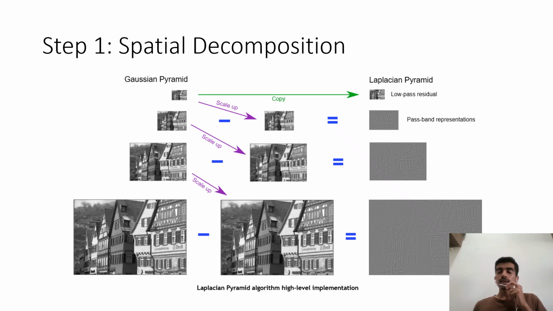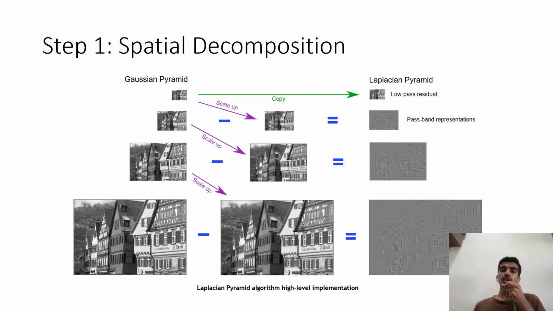Then this level is subtracted from the next level. As we subtract, we get only the high frequency spatial components, which is the thing we want here. So we get those ghostly outlines.